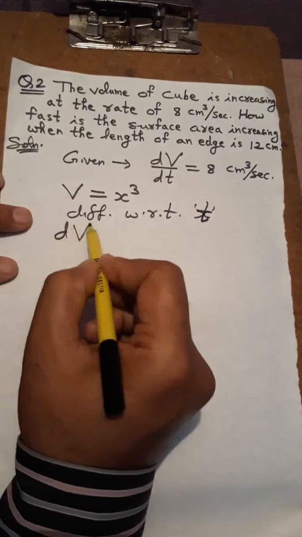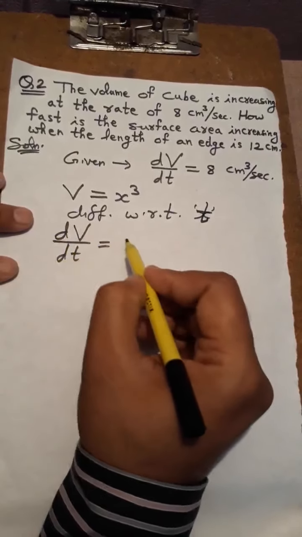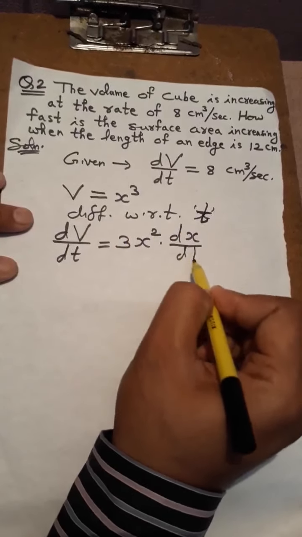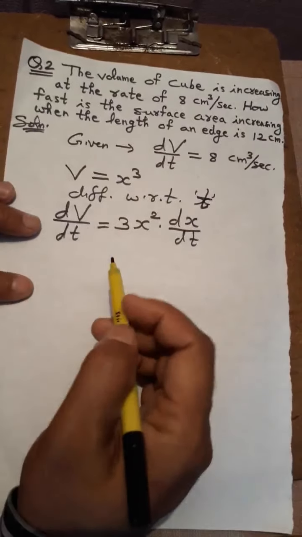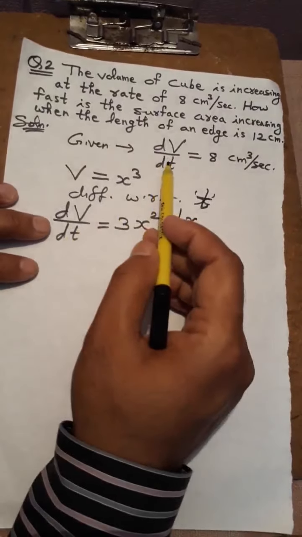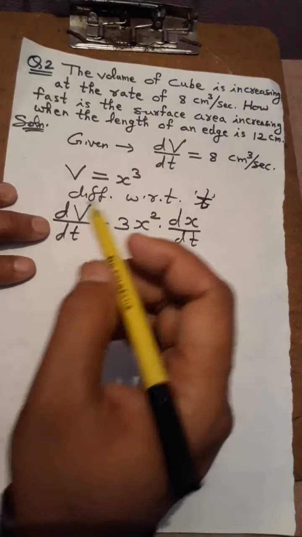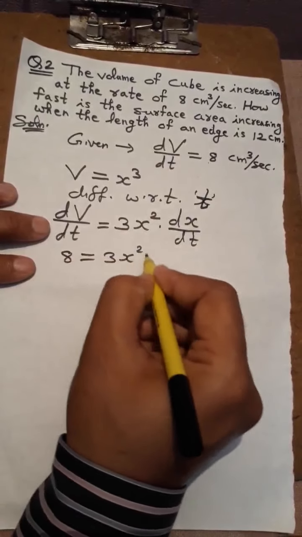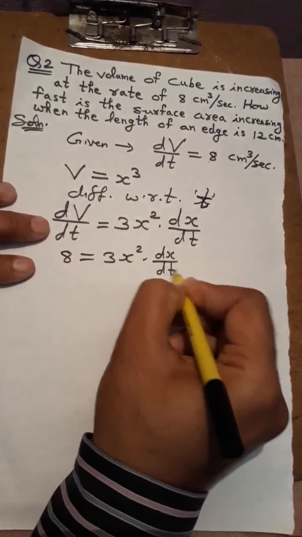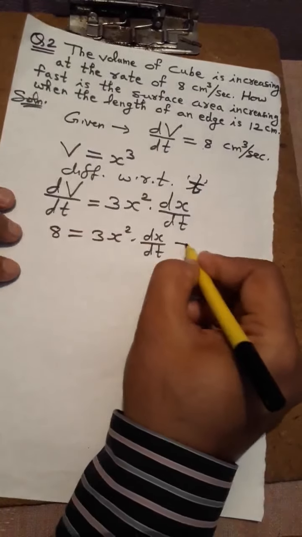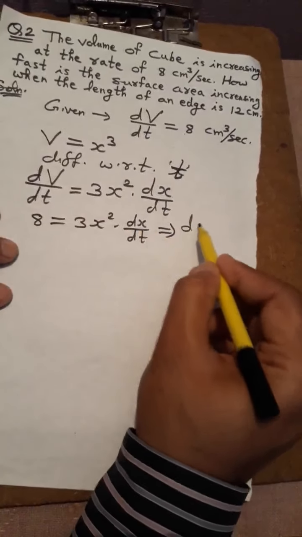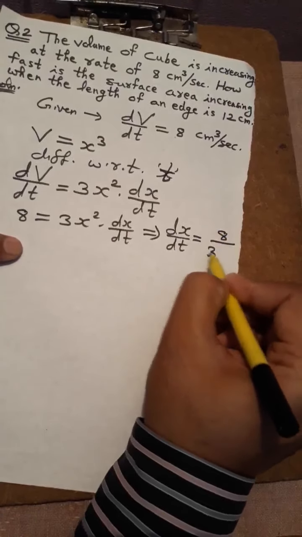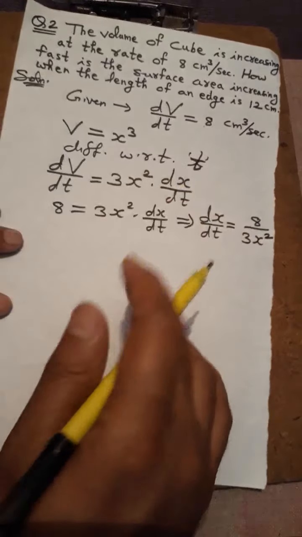So we get dV over dt is equal to 3x square into dx by dt. Now it is given that the value of dV by dt is 8 centimeter cube per second. So put this value, we get 8 is equal to 3x square into dx by dt. So from this we have dx by dt equal to 8 upon 3x square.